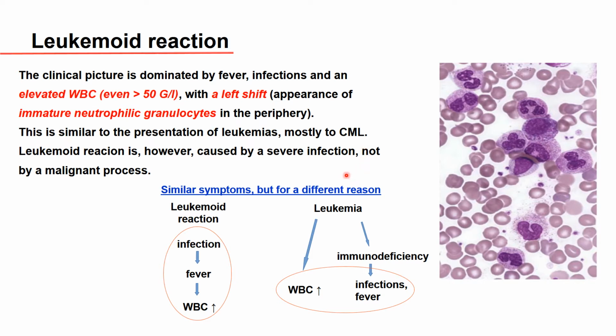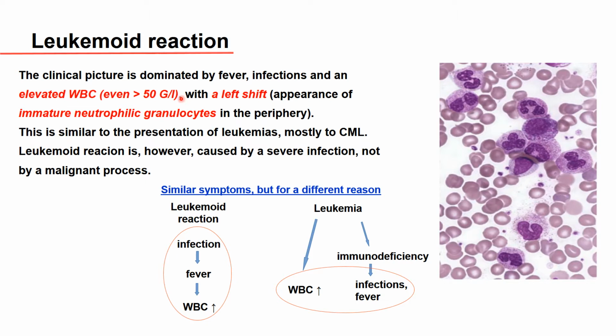Now, when we do have an infection, what will happen? An early stage can occur in the periphery, where we still have segmented neutrophils, but more bands or more metamyelocytes can be seen compared to the control. And if you draw this distribution curve, you will see that this curve is left shifted toward the less matured positions.